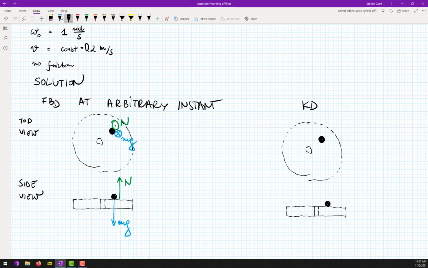It's of course the tension in the rope. So let's also draw that rope. That rope is here. So that will be the tension in the rope. I don't think that there are any other forces acting on our system.